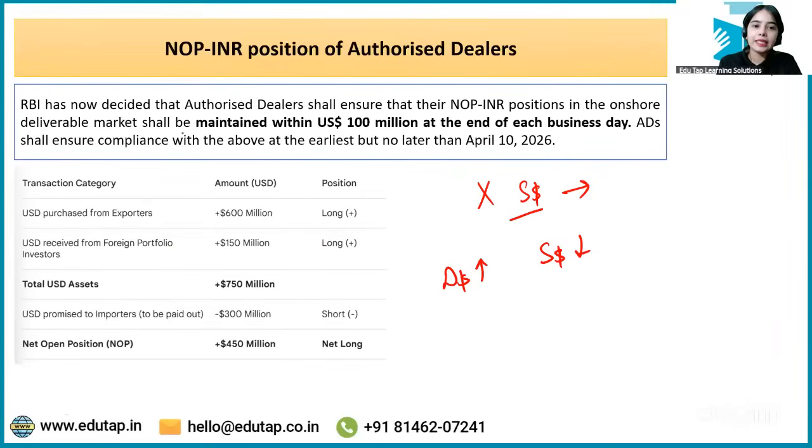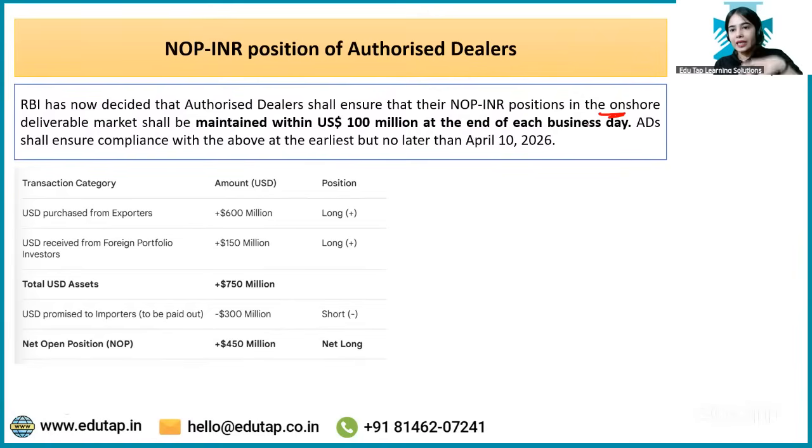So RBI has now decided that authorized dealers, who are allowed to buy and sell foreign currency, shall ensure that their net open position in India, in the INR position, where rupees are being bought and sold against the dollars, is maintained within $100 million at the end of each business day.